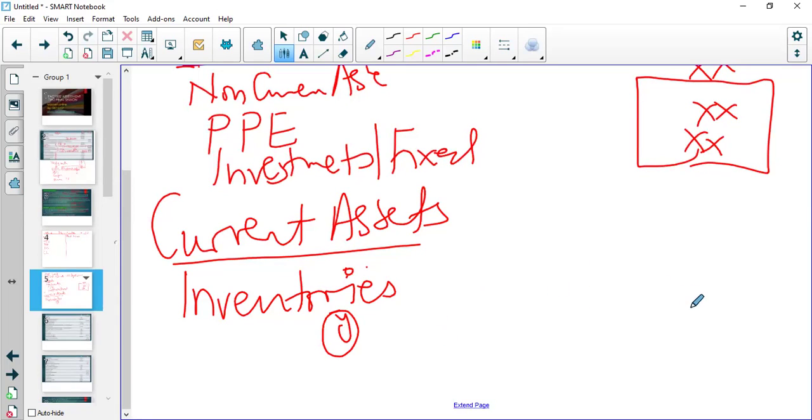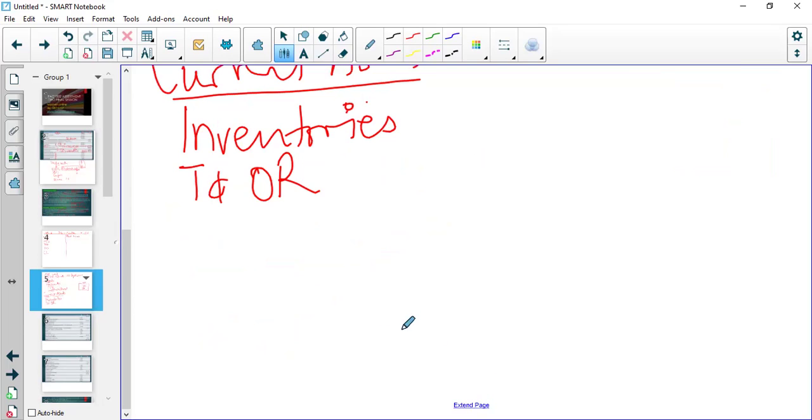We're going to put a figure there once we do our calculations and determine if there is need for any adjustments. Then we will have trade and other receivables. We're not just going to have trade receivables, but when reporting in the statement of financial position, it's trade and other receivables.